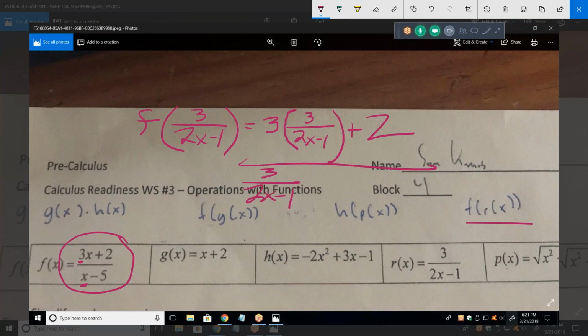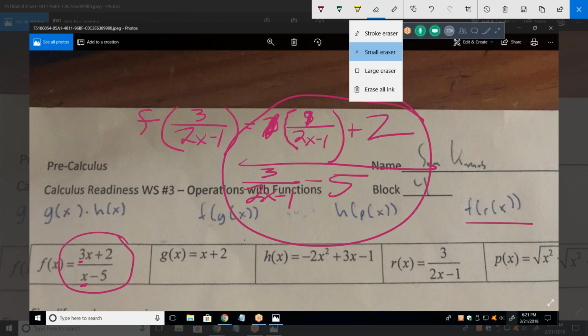All right. Minus 5. And now I got to figure out how to simplify. Well, I can multiply that 3 by that 3, turning that into a 9. Now, what I'm going to do next, just see if you can follow it.